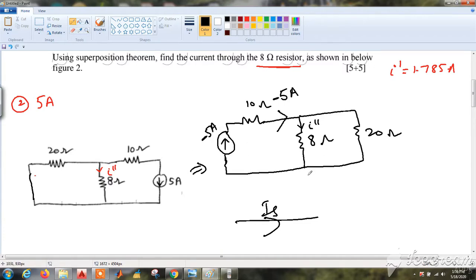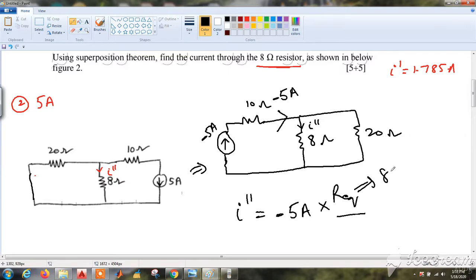Now let's apply the current division rule. I double dash will be equal to the source current, which is minus 5 amperes, times the R equivalent. R equivalent is 8 ohms parallel 20 ohms, divided by the resistance of the branch in which I double dash is flowing, which is 8 ohms. Let us calculate it.